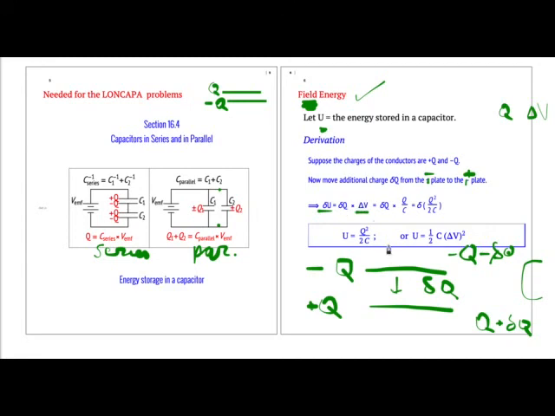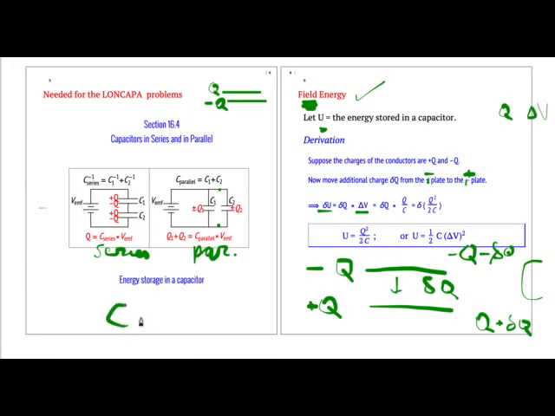Now the potential difference when I move this charge is Q over C. So before I move this charge, the plates have charge minus Q and plus Q, and voltage difference delta V, which is Q over C by the definition of capacitance.